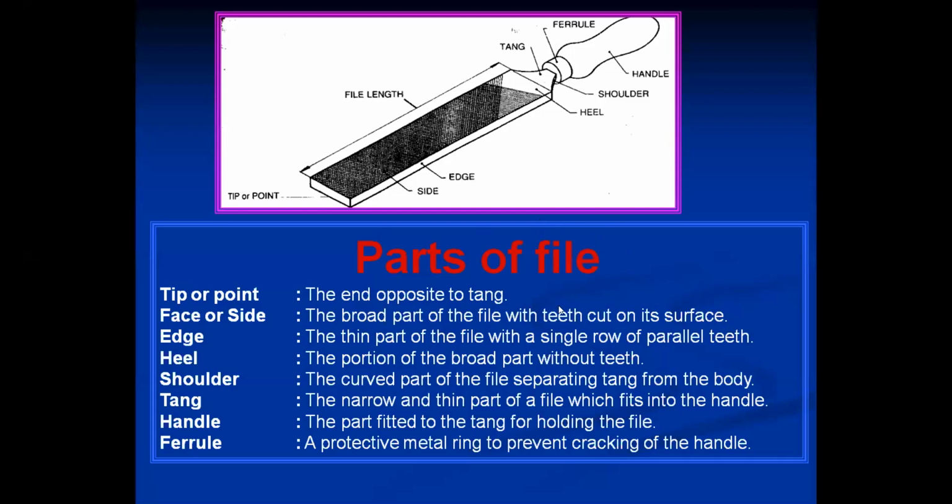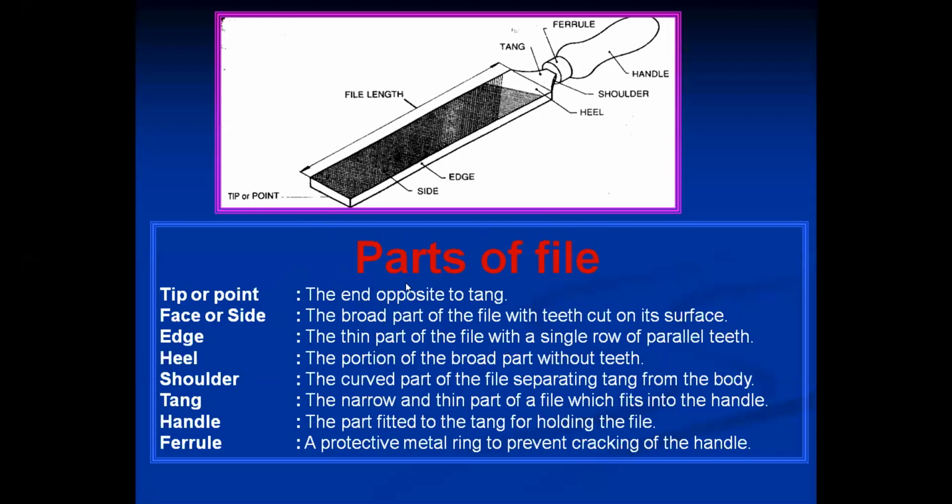Okay, so we have seen every part of the file. Once again, tip or point: the end opposite to the tang. Face or side: the broad part where the teeth are cut on the surface. Edge: the thin part of the file with a single row of parallel teeth.